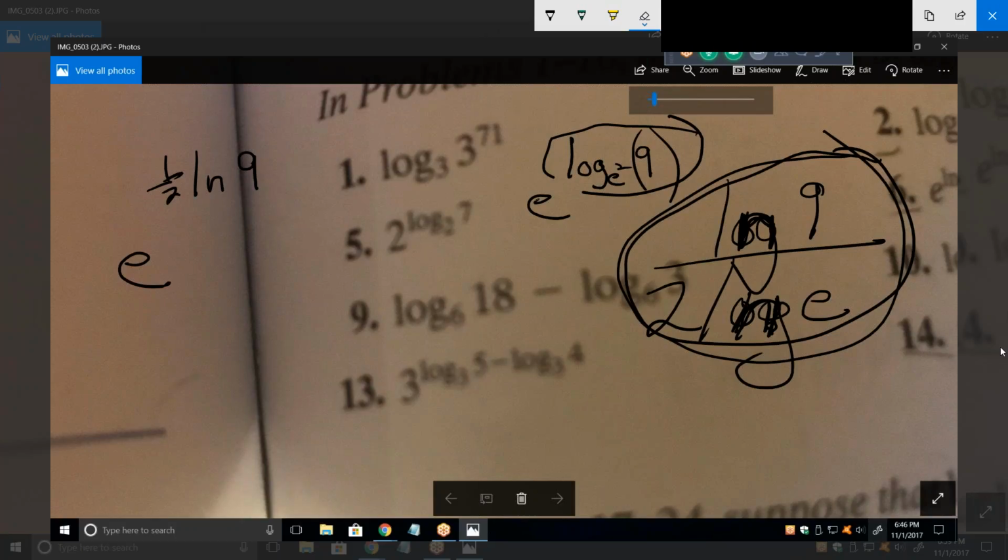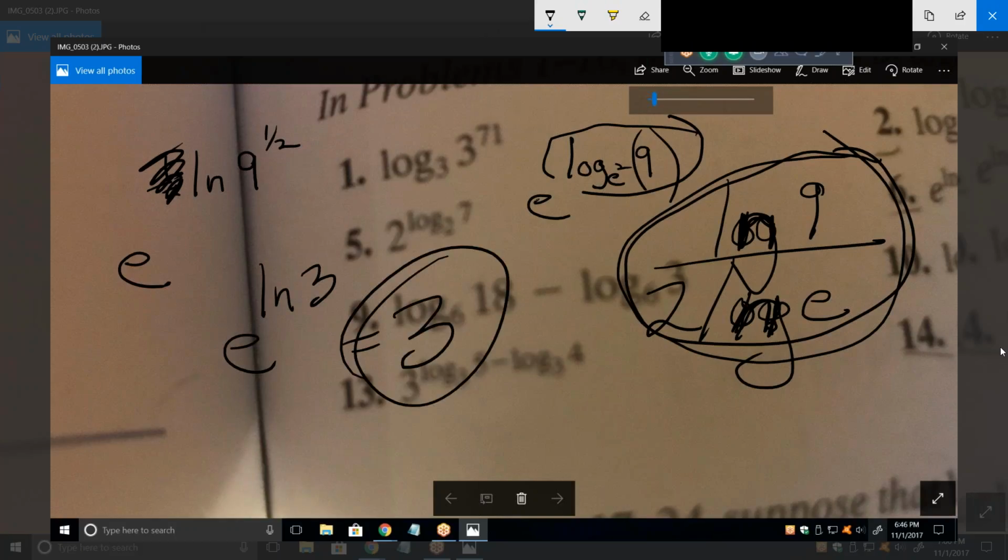Now, because that 1/2 is in front, I can make it the exponent of the 9, right? Now, what's the square root of 9? 3. So now we have e to the natural log of 3. What's that equal to? 3. There you go. That's it.